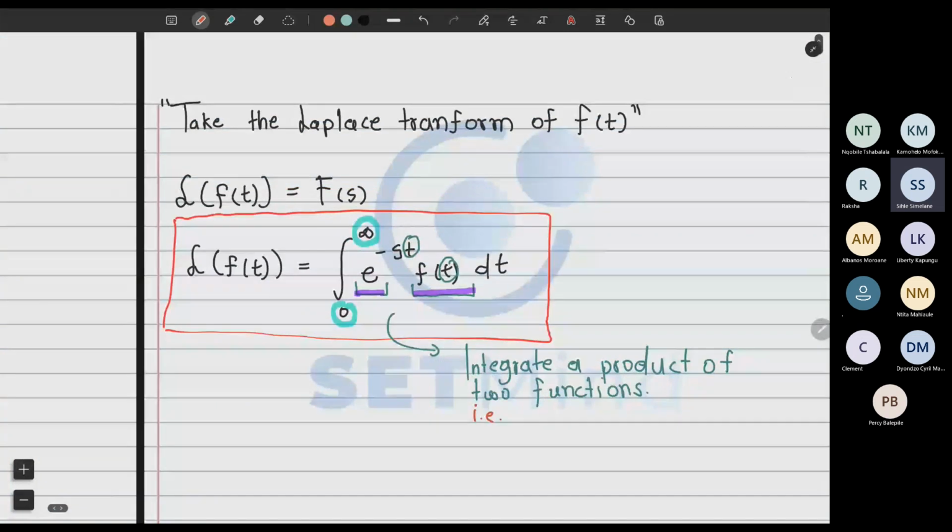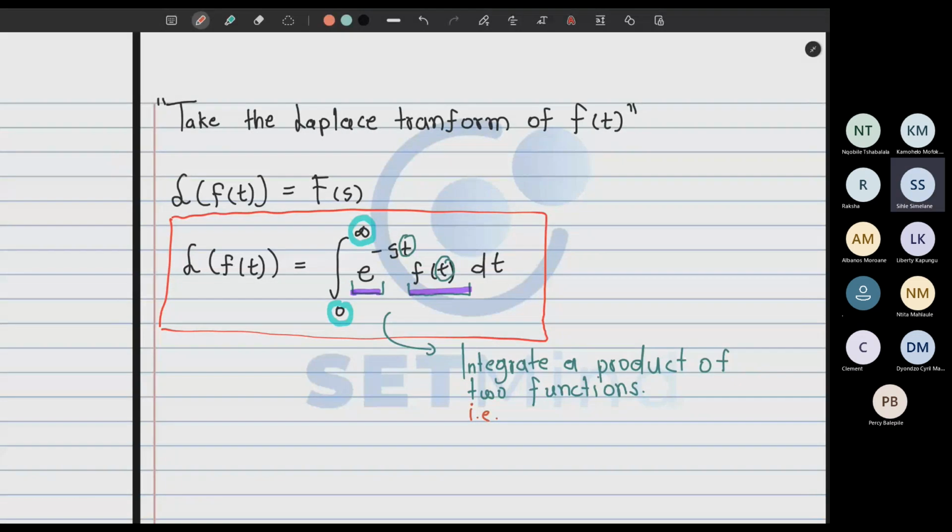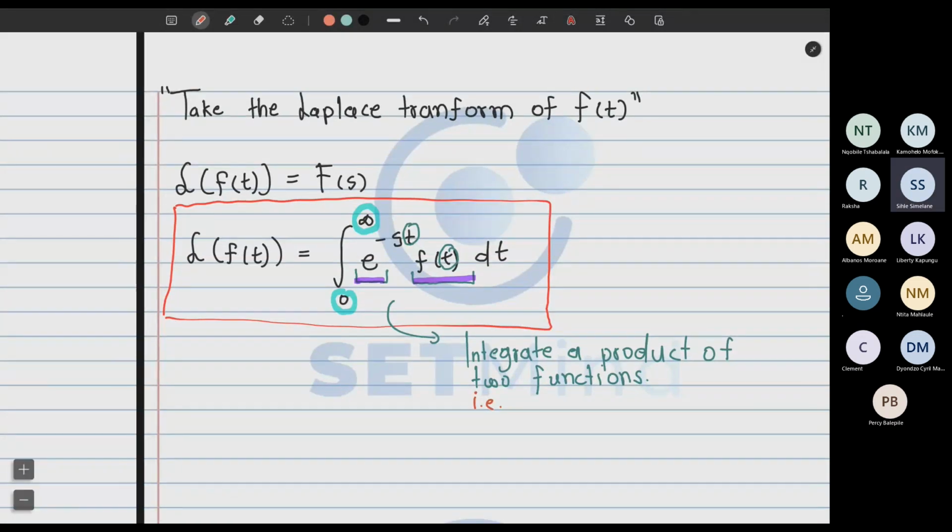If you're integrating a product of two functions, which rule should you be familiar with in order to do the integration? I think it's integration by parts, sir. Yep, agreed. If you're integrating the product of two functions, your head should ring integration by parts.